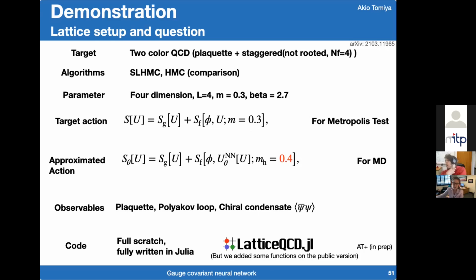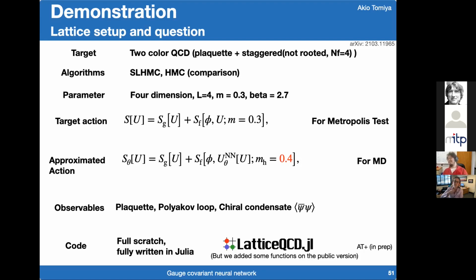And Hartmut? Yeah, I was just wondering how realistic your parameter choice is with respect to real QCD. I mean, how close are we to approximating something that has physical relevance? No, this is just a toy example. Many people work on two-dimensional QED, right?